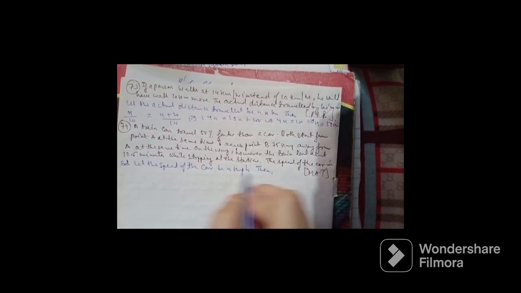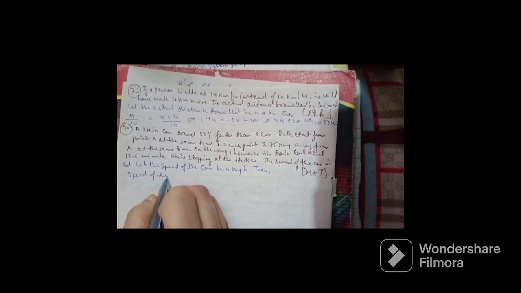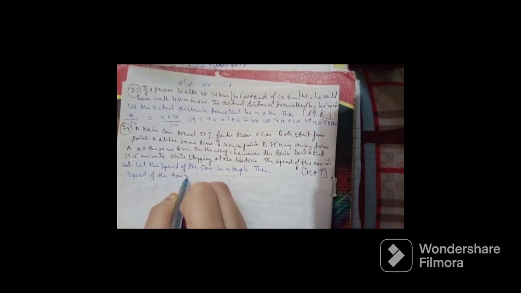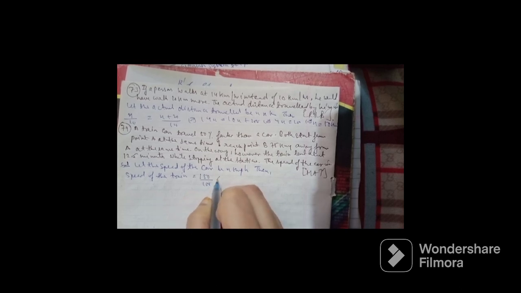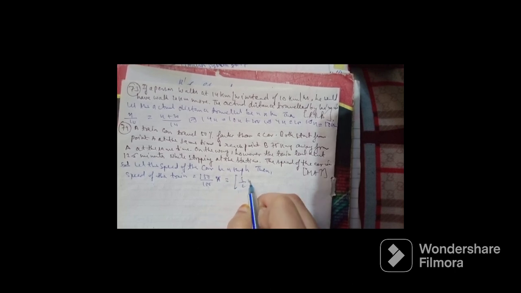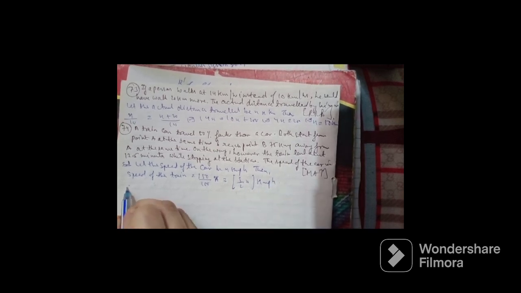Then the speed of the train equals 150 upon 100 into x, which equals 3 by 2x kilometers per hour.